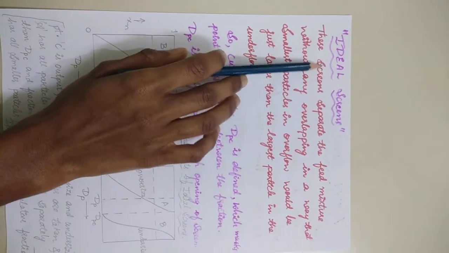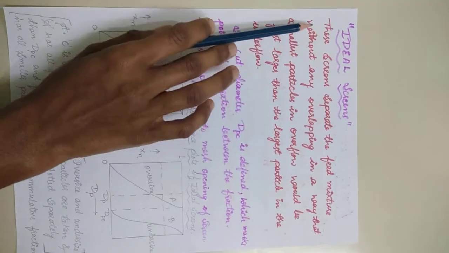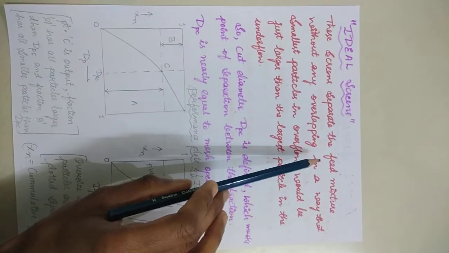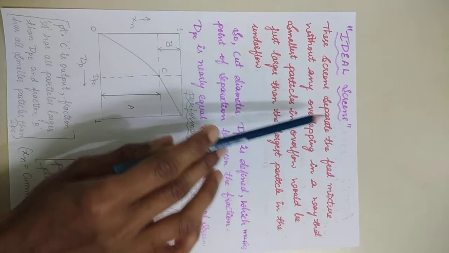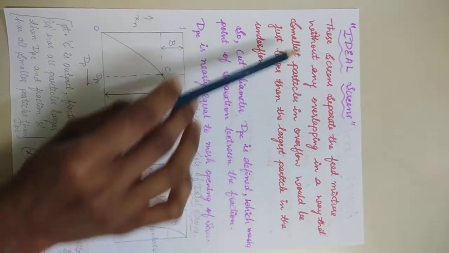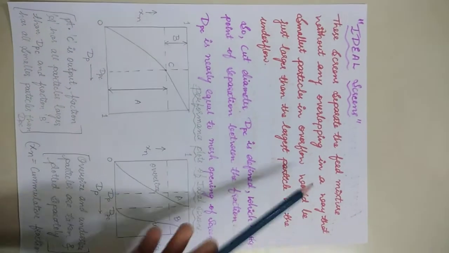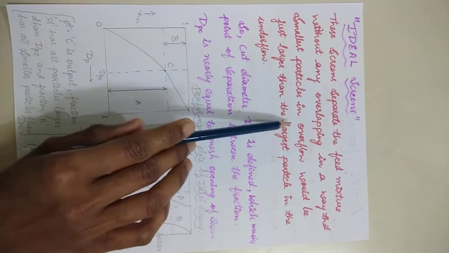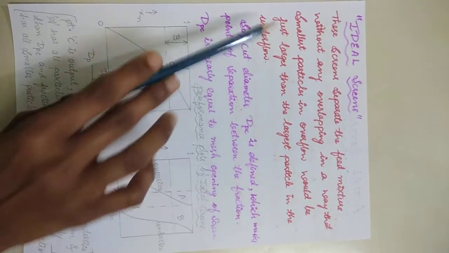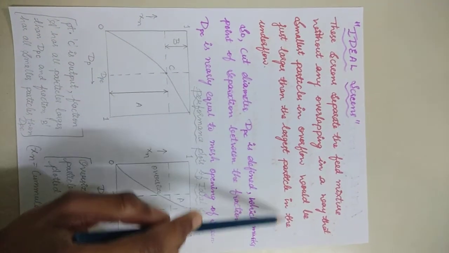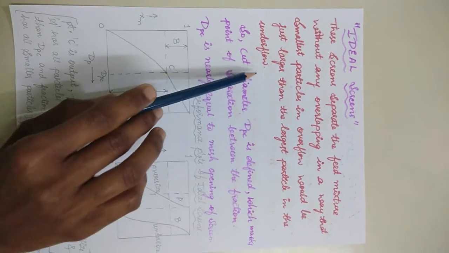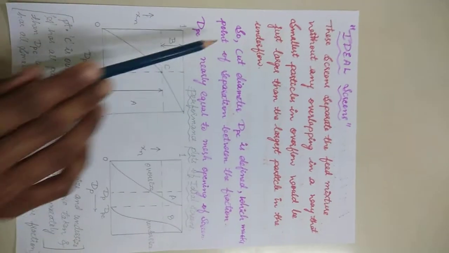Now we are discussing ideal screens. These screens separate the feed mixture without any overlapping, in a way that the smallest particle in the overflow would be just larger than the largest particle in the underflow. You have to see this.